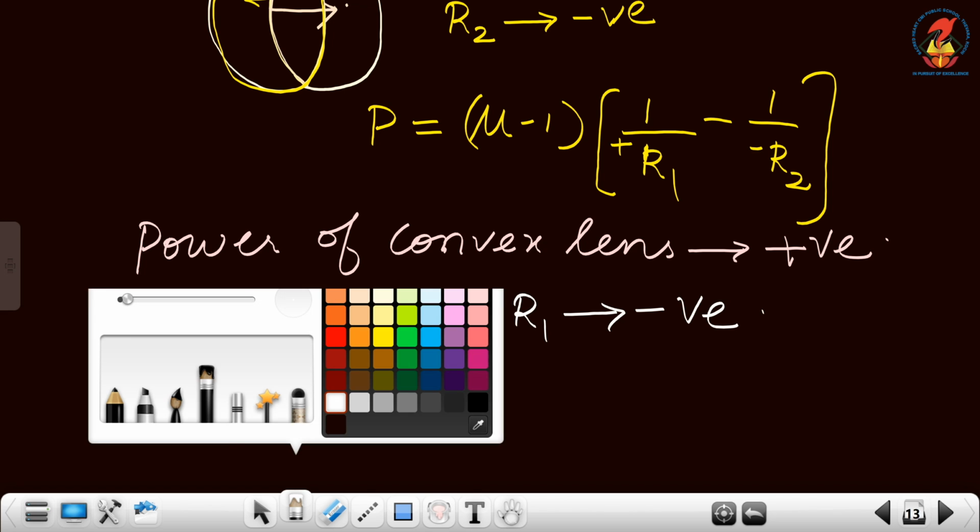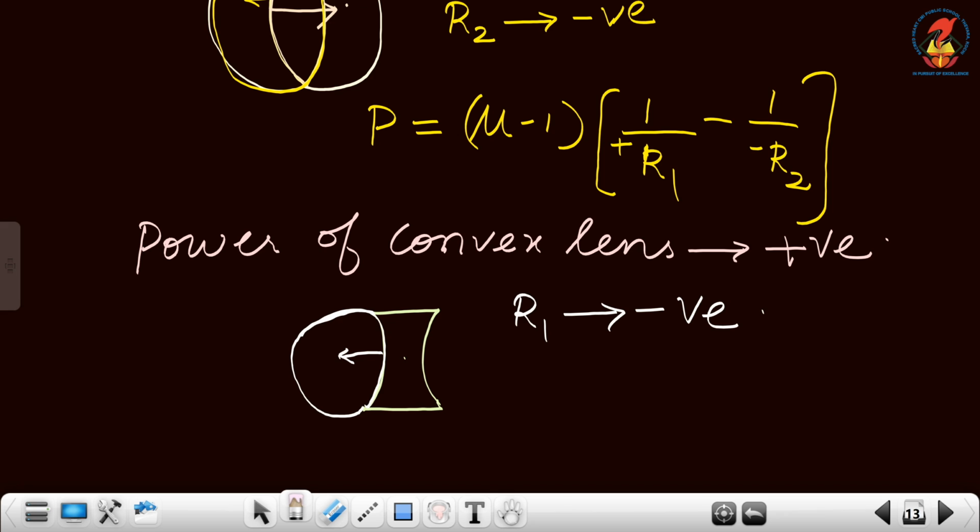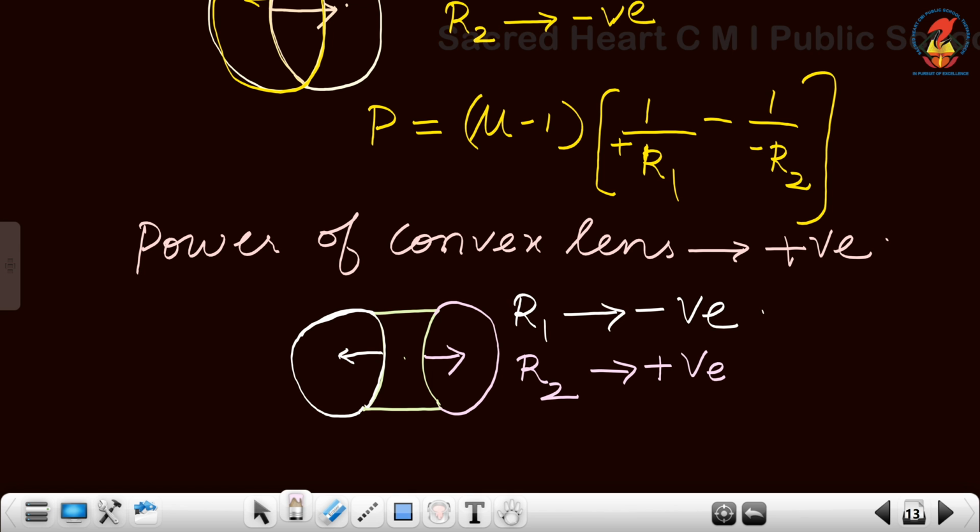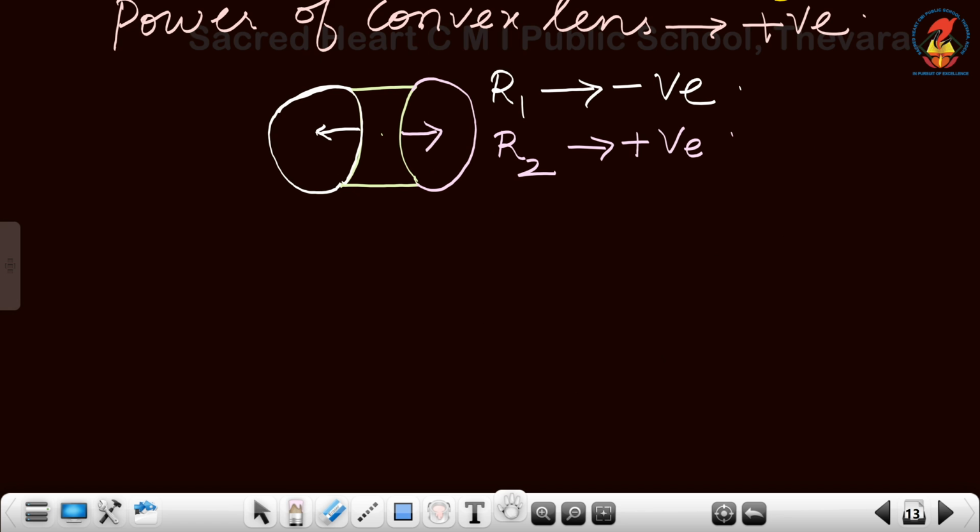Now let us take the next refracting surface. R2 is taken in this direction, which means R2 is taken in the direction of light, so it is positive. So when we substitute the values of R1 and R2 along with the sign convention, what happens?